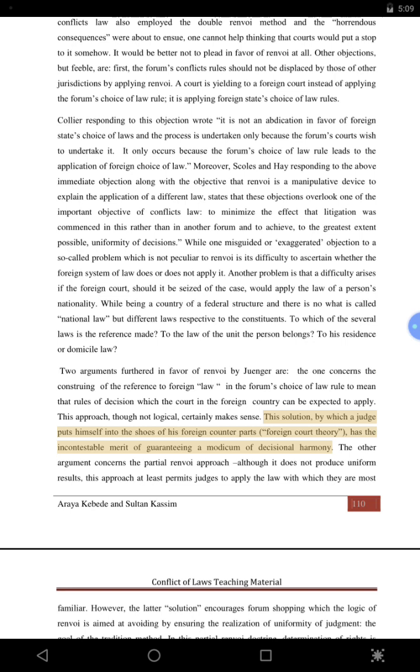This solution, by which a judge puts himself into the shoes of his foreign counterparts, the foreign court theory, has the incontestable merit of guaranteeing a modicum of decisional harmony. The other argument concerns the partial renvoi approach. Although it does not produce uniform results, this approach at least permits judges to apply the law with which they are most familiar.